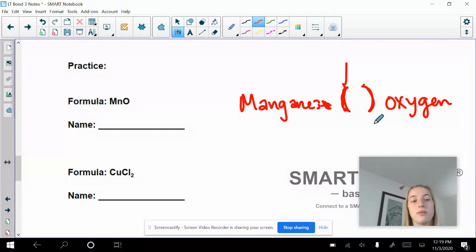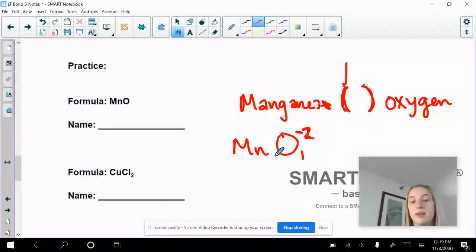I need to figure out what my charge is. First of all, I want to find my oxygen on the periodic table because I know what my charge is for oxygen. My charge for oxygen is always -2.